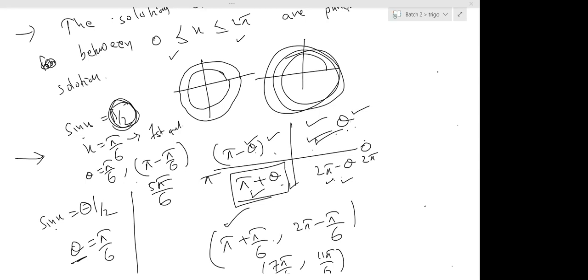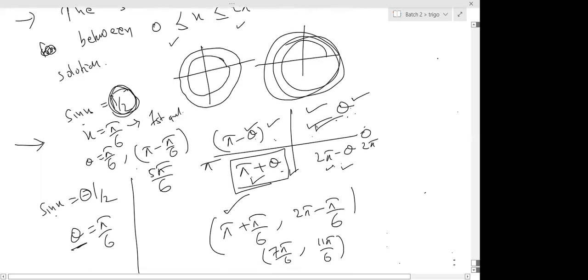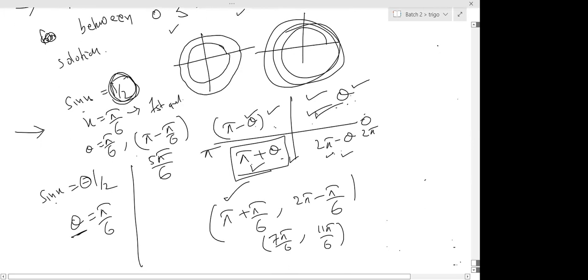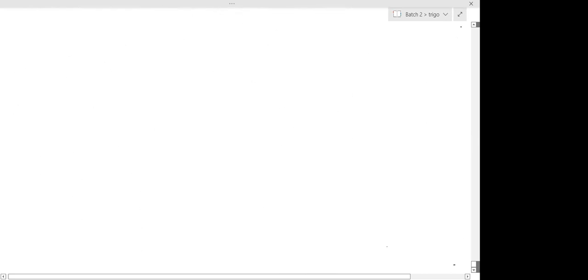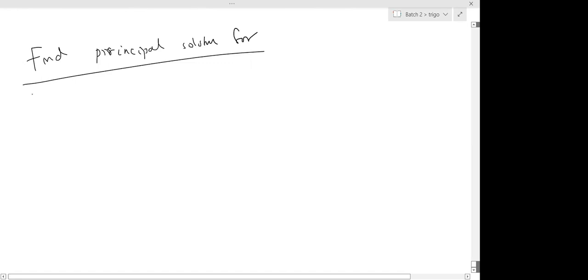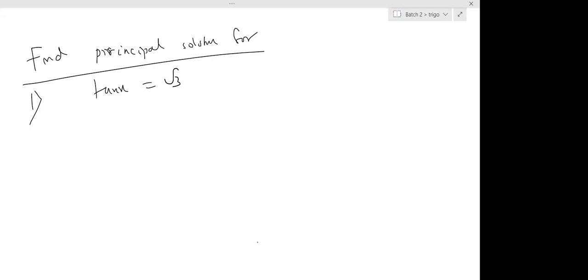Done. Yes, sir, done. So let's try one question. Find the principal solution for tan x equals root 3. Try to solve this by yourself. I'll give you a few minutes.